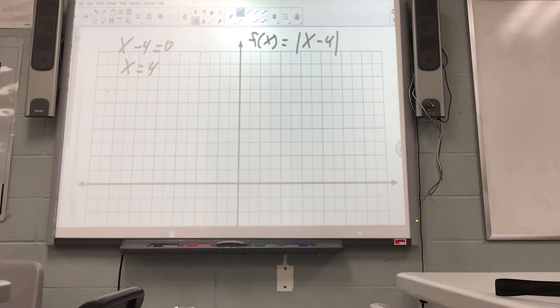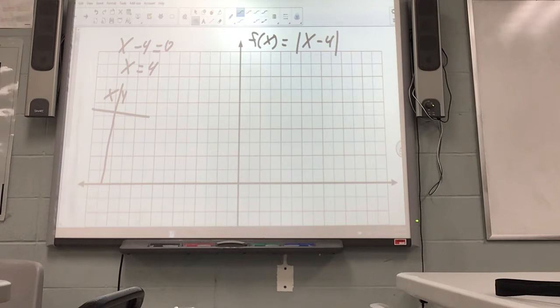The reason we need to define that is because in order to graph it, we're going to make an old school input-output table. Now think about what you know about the vertex. Where would the vertex be on our V? How could I describe to somebody who doesn't know what vertex means where the vertex would be located on a shape?